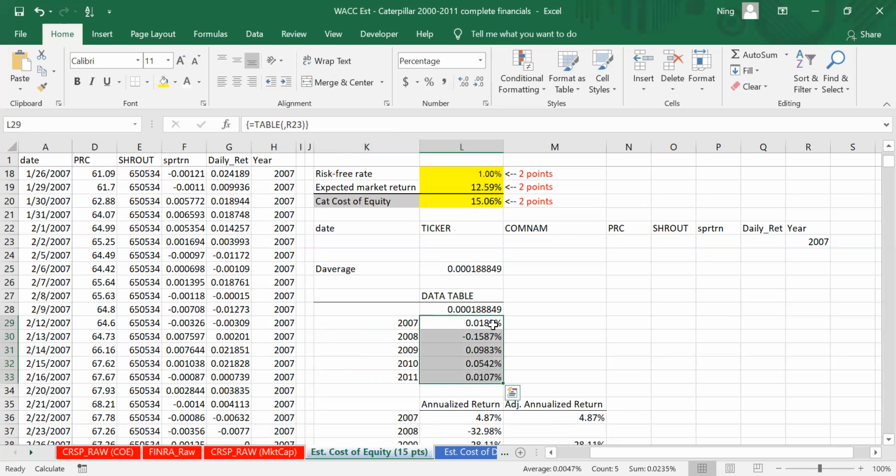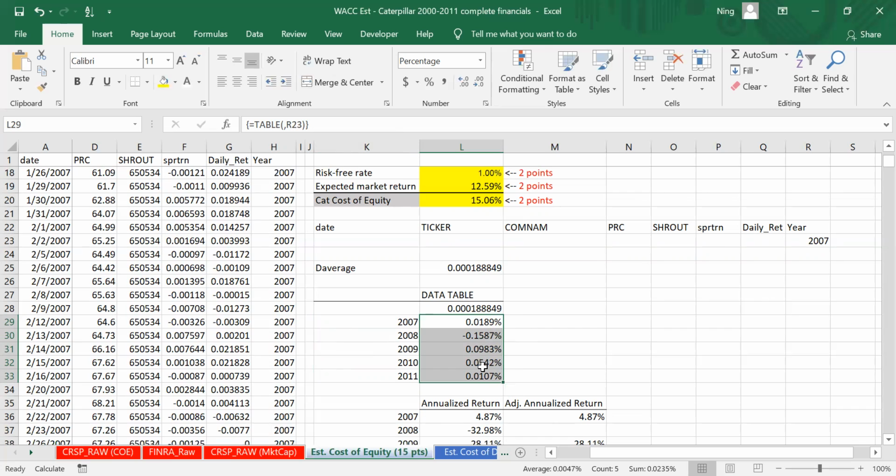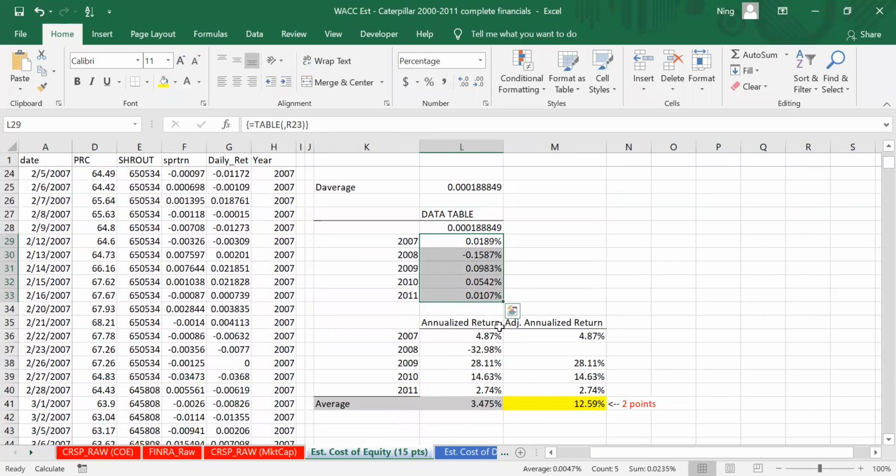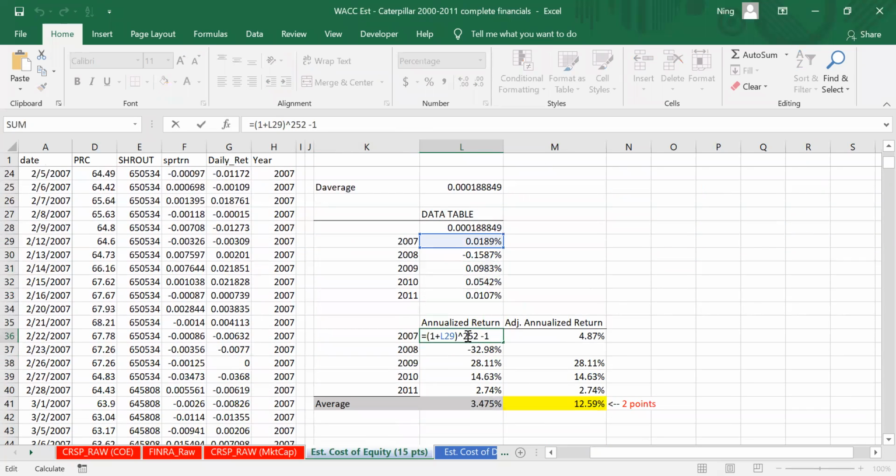And here are the results. But since the unit for the market return is on a daily basis, we have to annualize it. In order to compute the annualized return, I compute the compounded daily return, compounded for 252 trading days, and then minus 1.